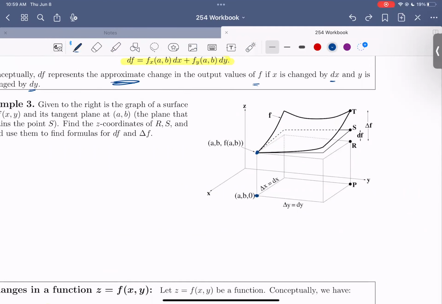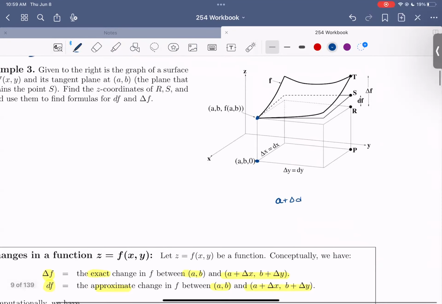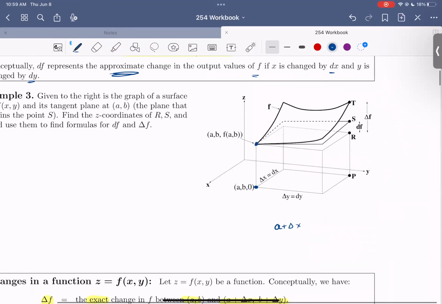Now let's consider the point a plus some change of x and b plus some change of y. Here we're going to move delta x, or dx, in the x direction and some change, delta y, in the y direction to get to a point P.